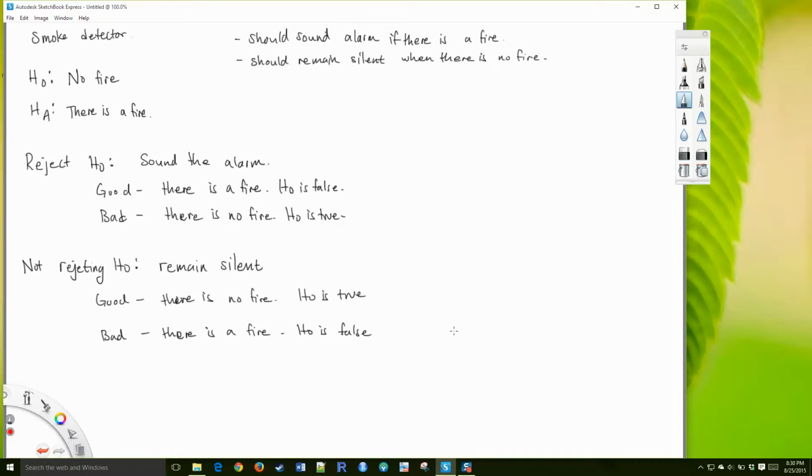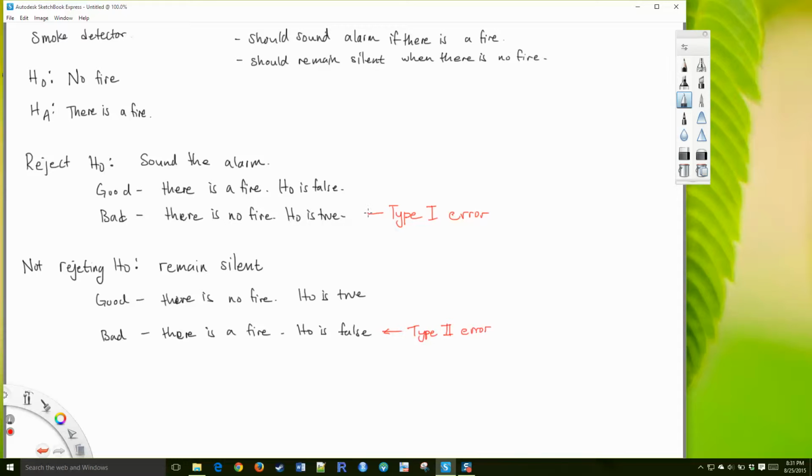A type 1 would be denying the null, saying that there is a fire when there isn't. Yeah, okay, so that would be sounding the alarm when there is no fire. That would be a type 1 error. Okay, and then the type 2 error would be remaining silent when there is a fire.